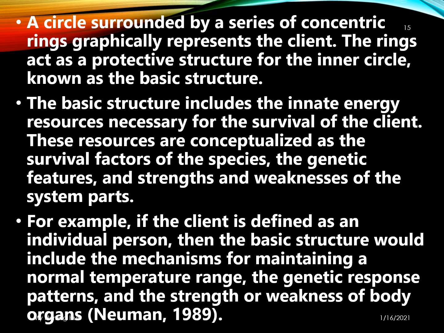For example, if the client is an individual person, that is, you or I, then the basic structure would include the mechanisms for maintaining a normal temperature. In order to live, we need a normal temperature range, normal genetic response patterns, and we have some strengths or weaknesses of the body organs. Based on that, the client system will respond to the environmental factors.